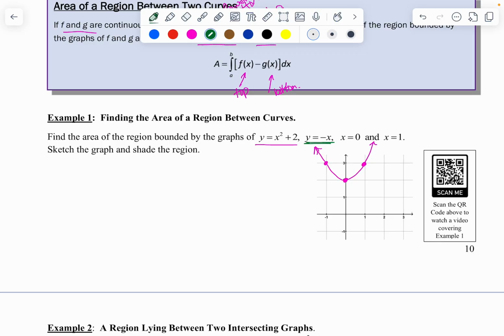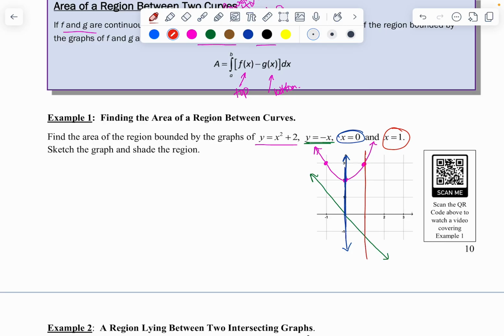And y equals negative x, well, that's a linear function with a negative slope and a y-intercept of 0, so there's that. And then there's x equals 0, and x equals 1.